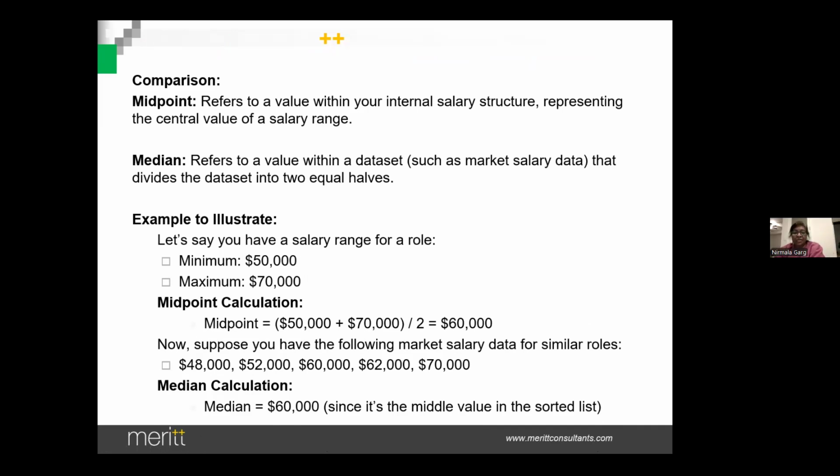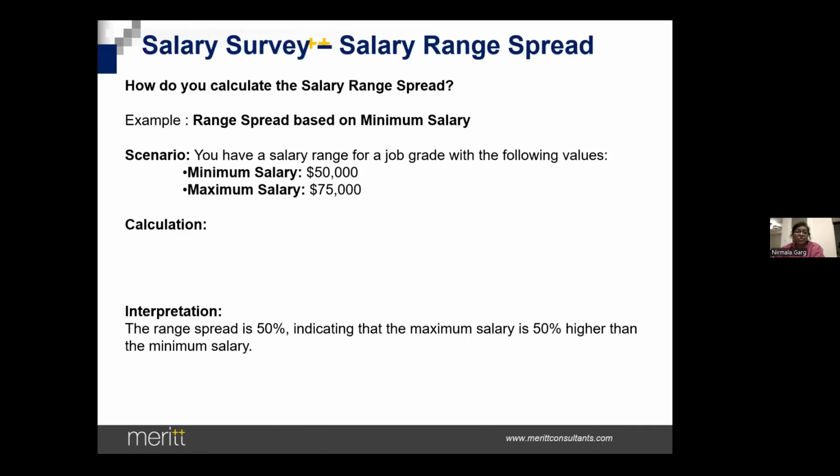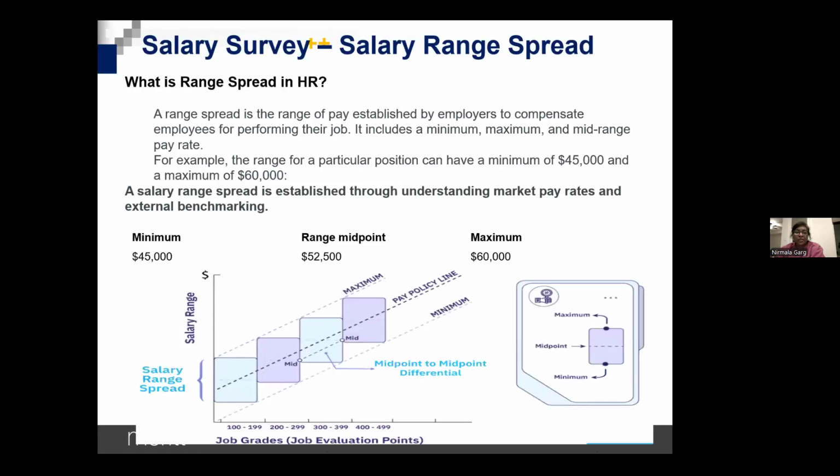So let me give you the formula. Maximum plus minimum. 52,500 is the midpoint. Did you get that?